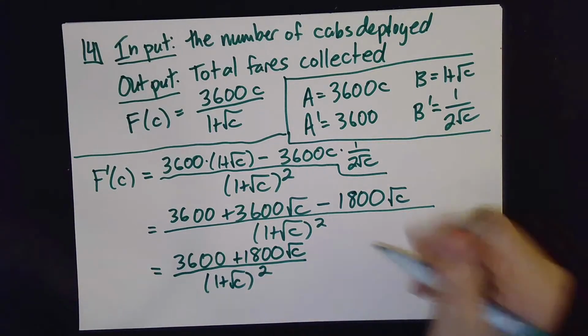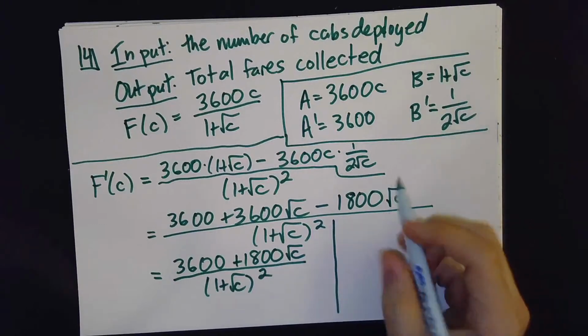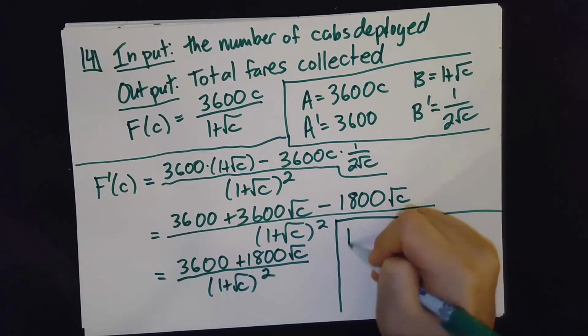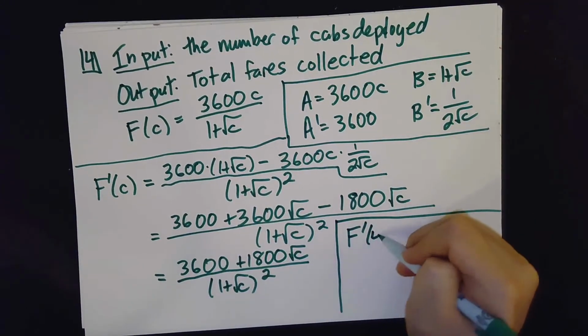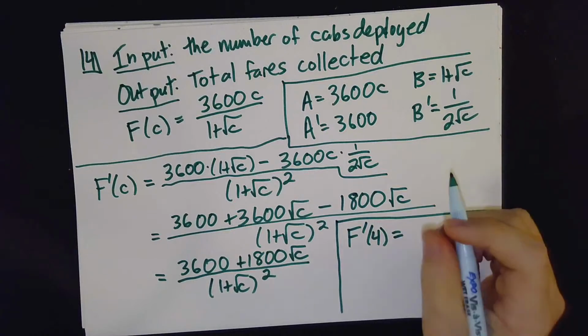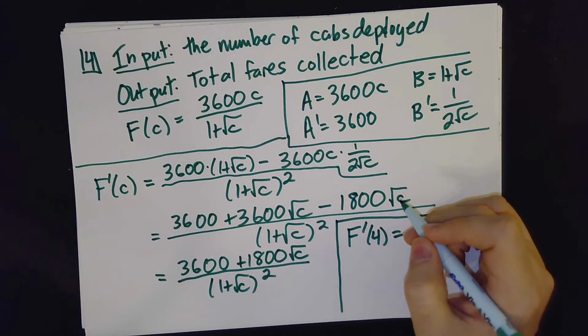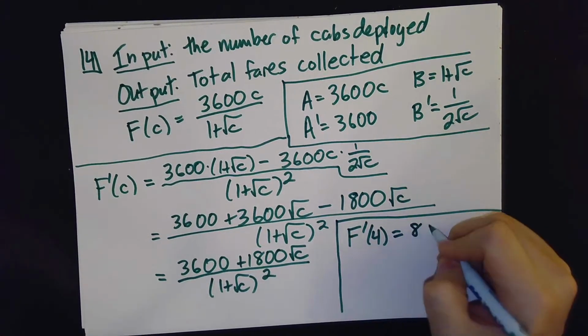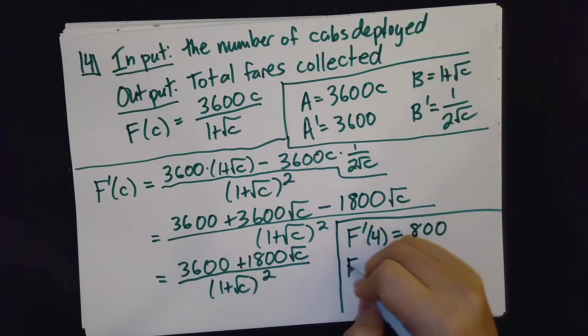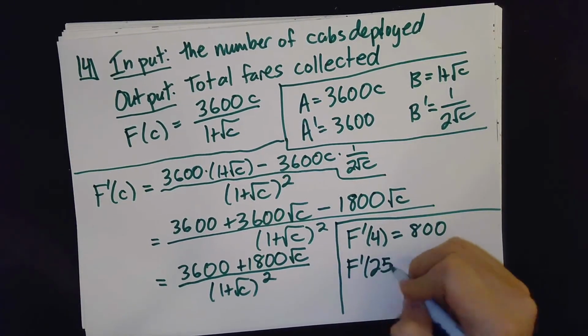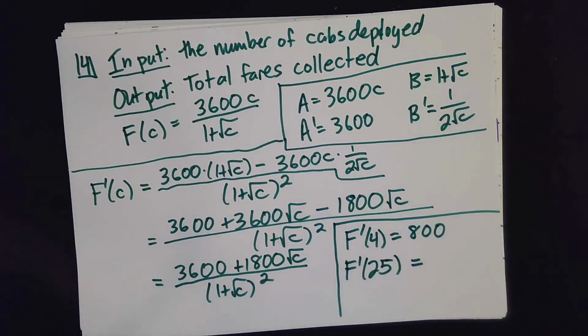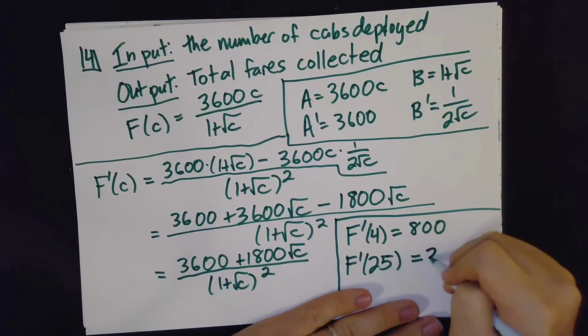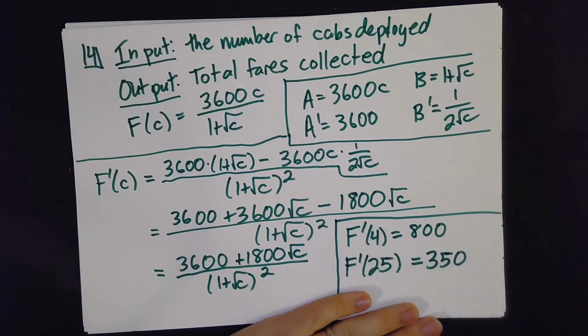So when I then plug in the numbers, I get f prime of 4 is 800, and f prime of 25 is 350. Okay.